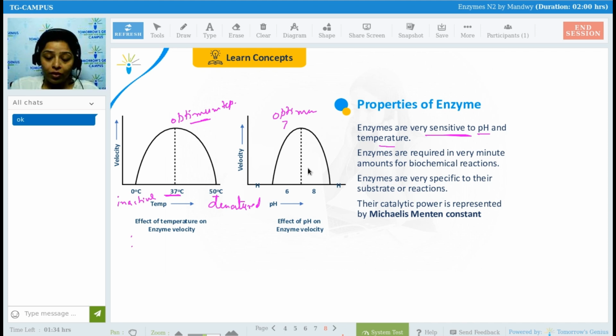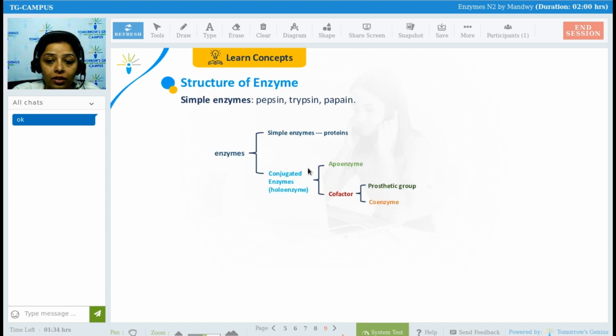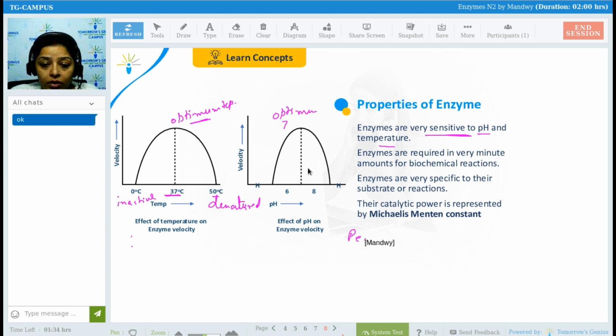So please write it down for the pH. Exceptions: pepsin and renin, whose optimum pH is 2.